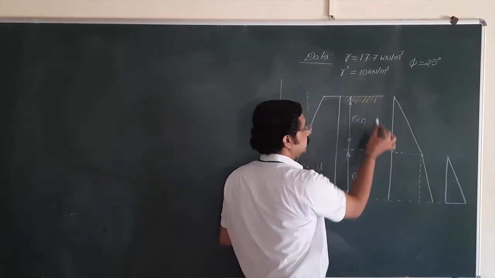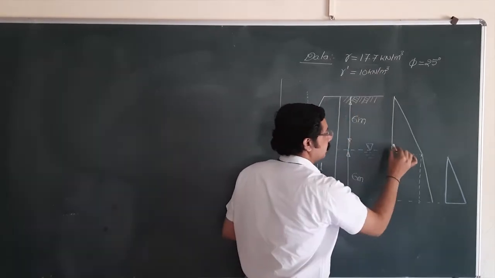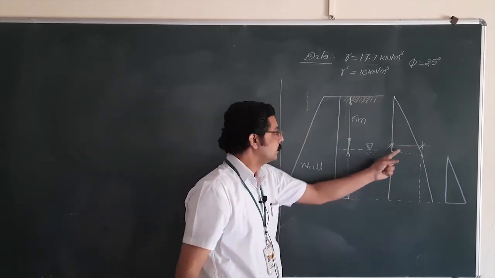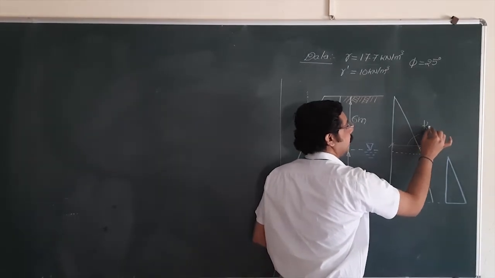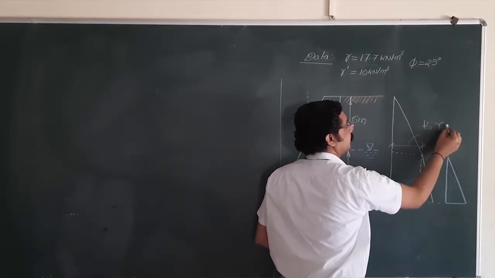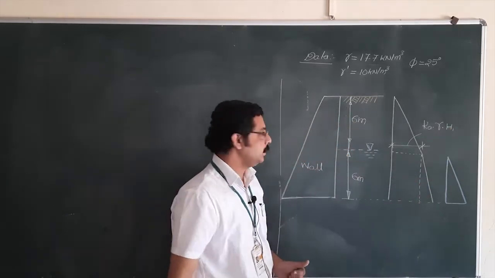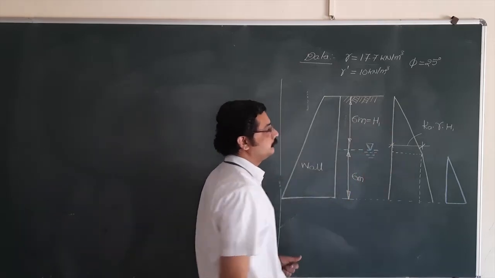Alright, now which value will be having what magnitude? Observe, this is 6 meter, unit weight is 17.7. Hence, we have to find out the magnitude of the base of this triangle, this much. How much will it be? It is going to be Ka times gamma multiplied by H1. What is H1? Consider this 6 meter as H1.